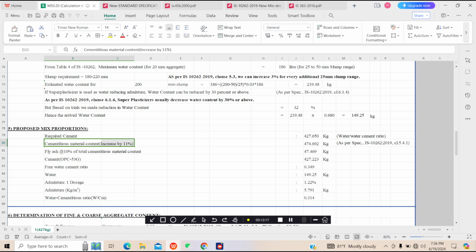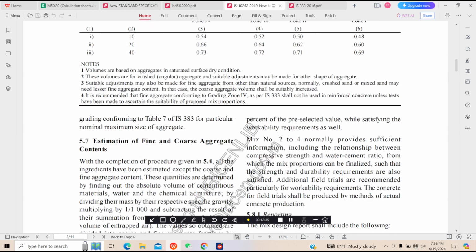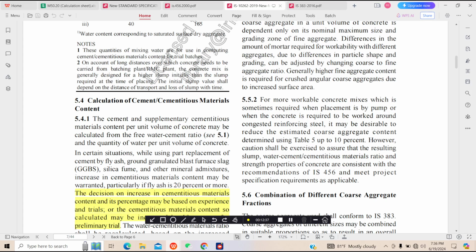The summation of both can be increased by 11%, which we can see from clause 5.4.1 of the IS 10262 code. Here I will show you clause 5.4.1.